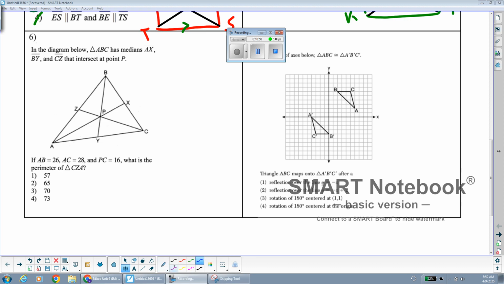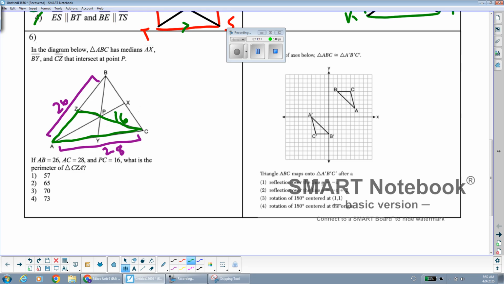For the next one, we have that AB is 26. We have that AC is 28. And we have that PC is 16. And we need to find the perimeter of triangle CZA.